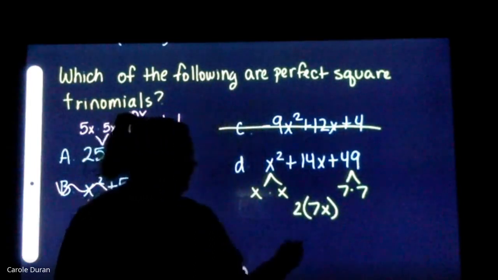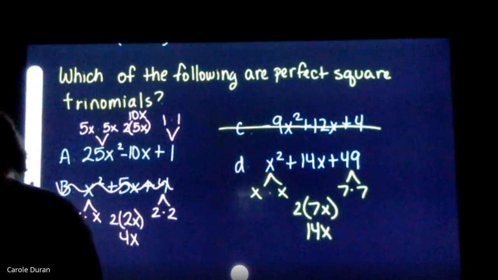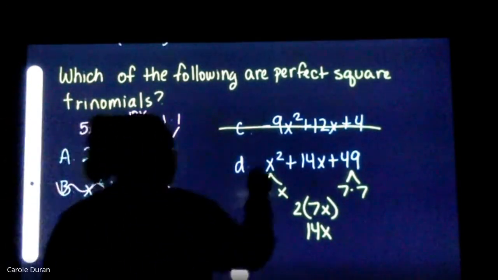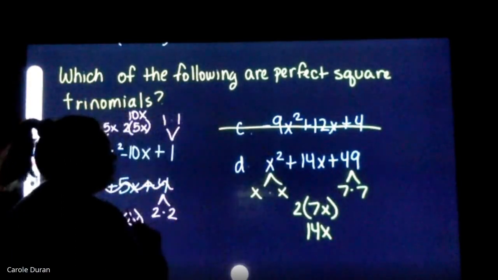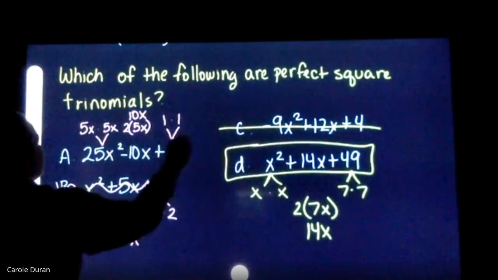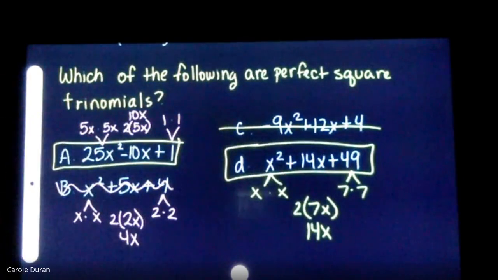I double it, and I get 14x. So I expect that my middle term there is going to be a 14x, and in fact, it is. So this one is a perfect square trinomial, which means I had two of them here. I had A and I had D. Both of those are perfect square trinomials.